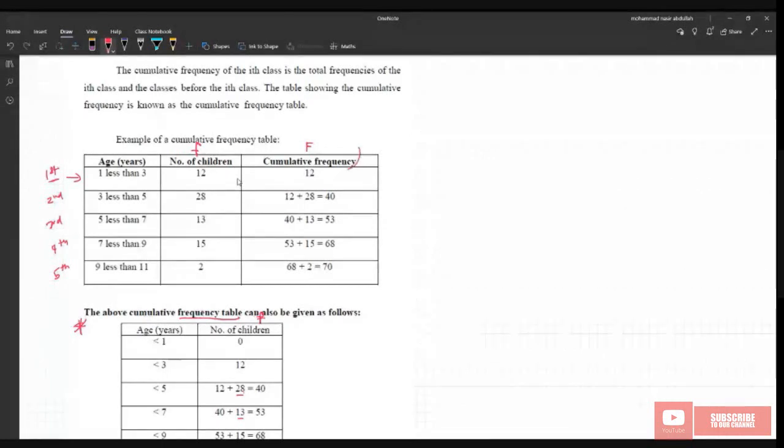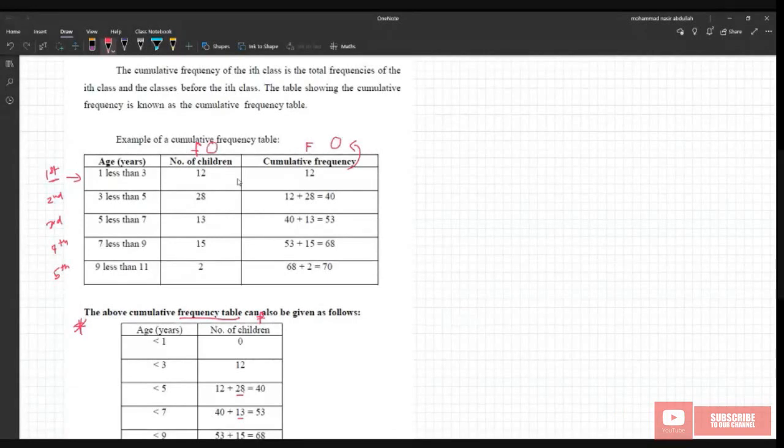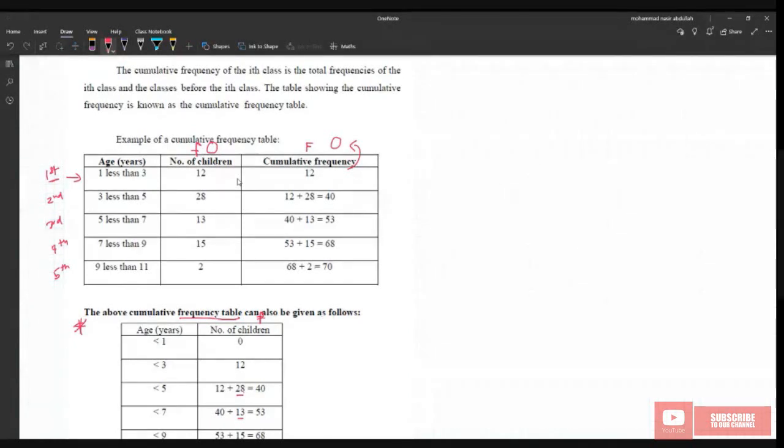It means the cumulative frequency before the first class is 0, because the frequency before the first class is also 0. There are no values before the first class. You need to understand this one.